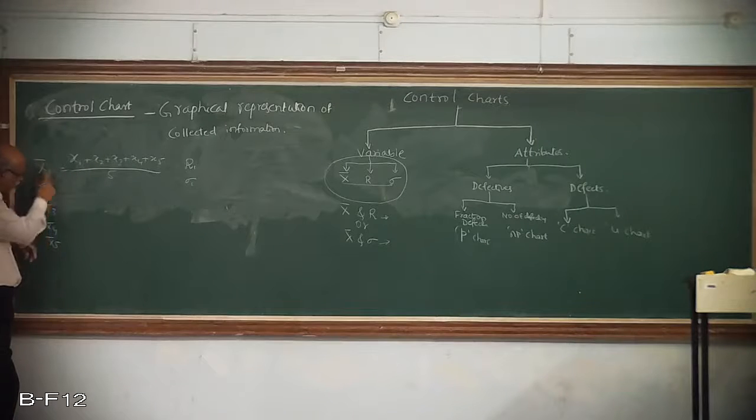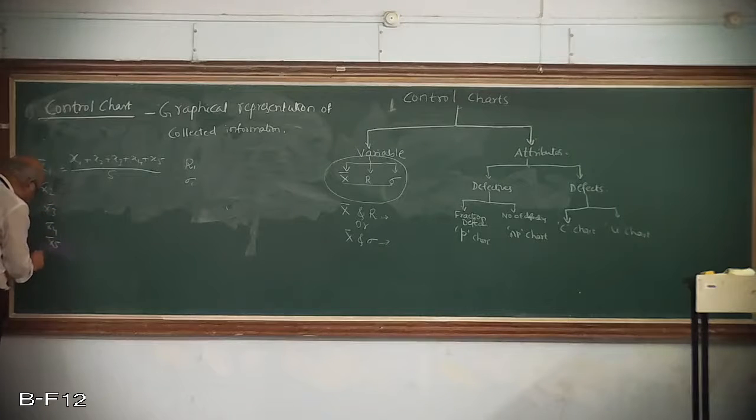They have got variation around what value? They have got variation around x double bar. X double bar is the mean of the sample means: X1 bar plus X2 bar up to X5 bar divided by 5. That is what I am going to call X double bar. This one is the grand mean.